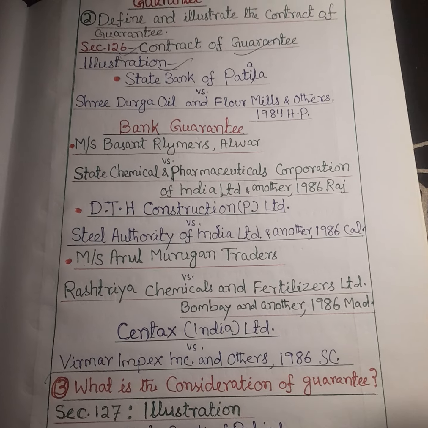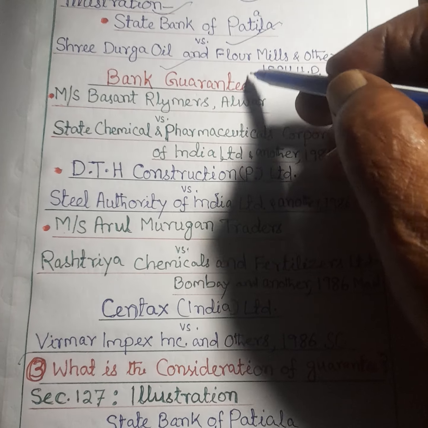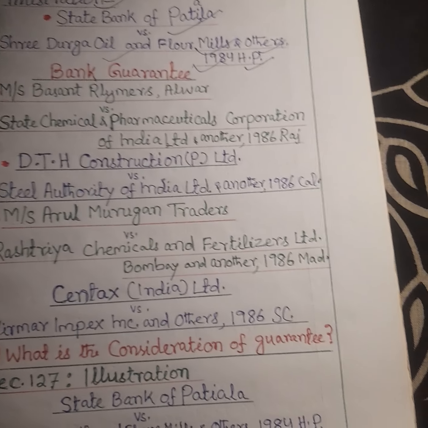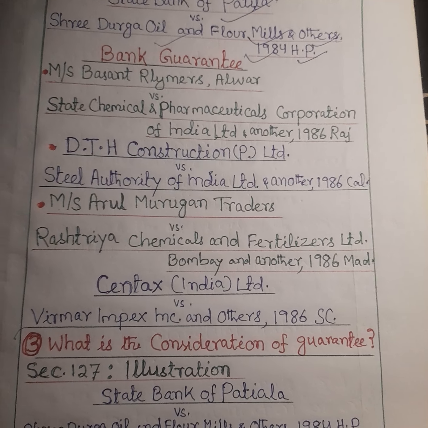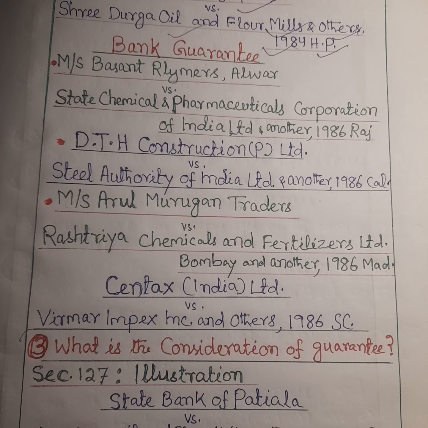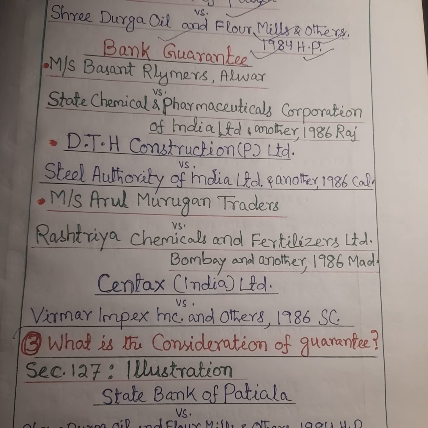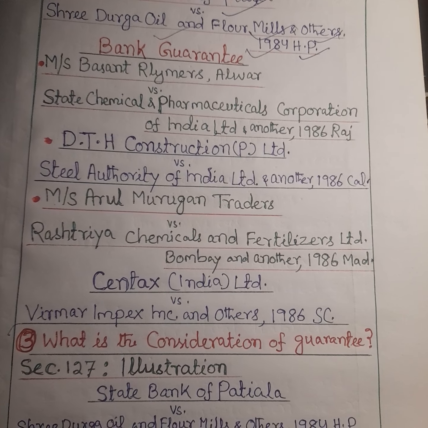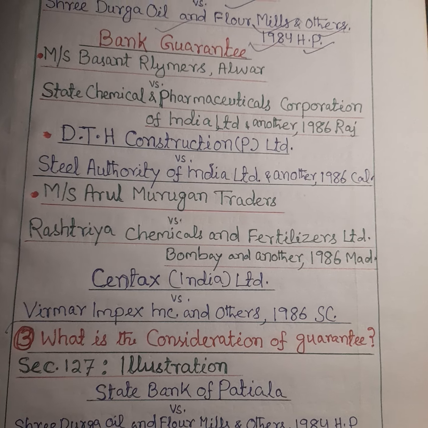And as decided in another leading case, that is State Bank of Patiala versus Sri Durga Oil and Flour Mills and others in 1984 by the Himachal Pradesh High Court, a loan was advanced by the plaintiff bank to the defendant, the principal debtor, and the guarantors had written a letter to the bank mentioning that they had created an equitable mortgage in favor of the plaintiff by deposit of title deeds of their property for the loan advanced to the defendant.